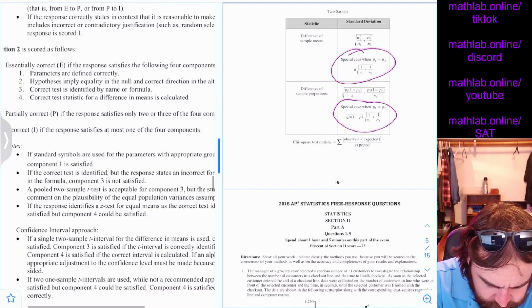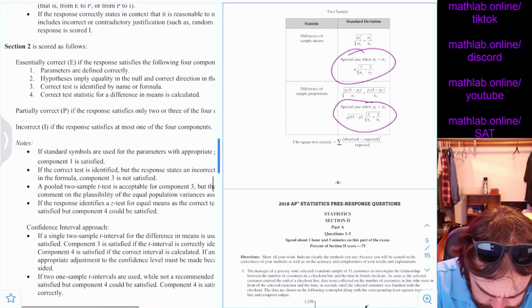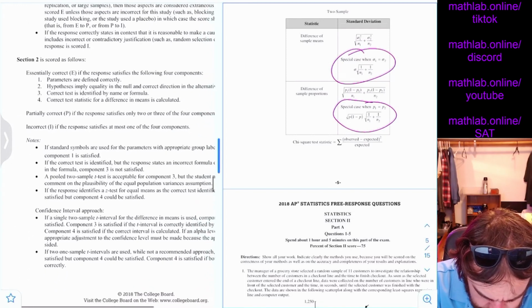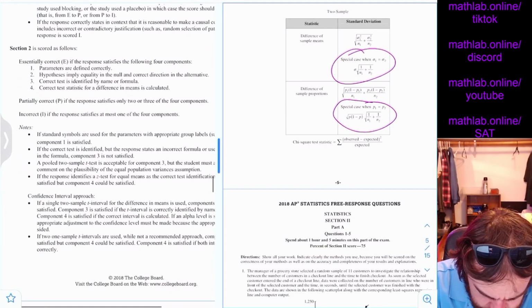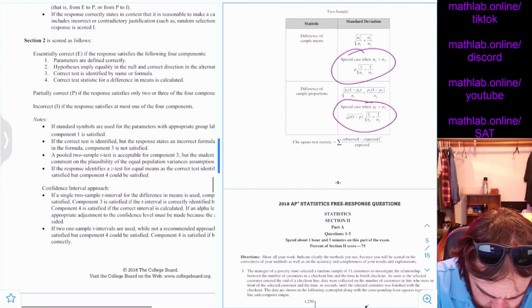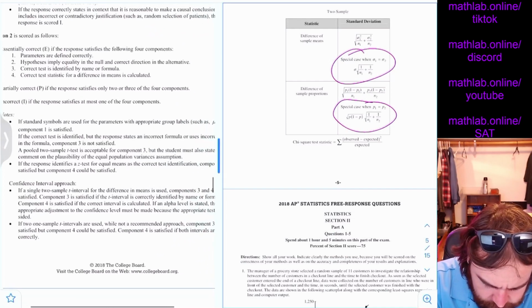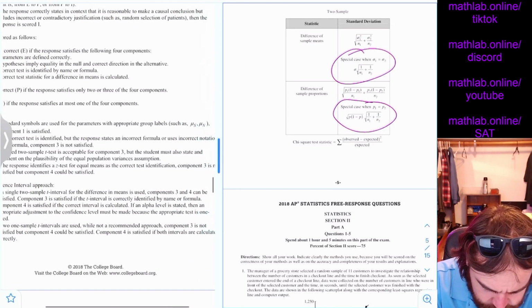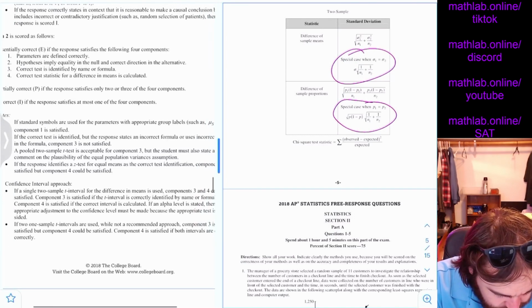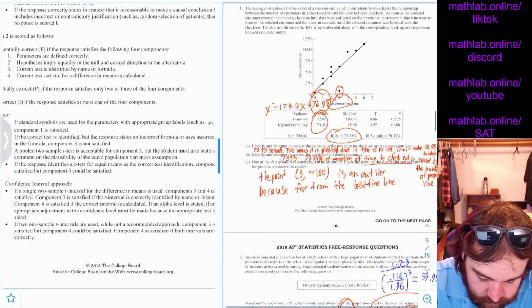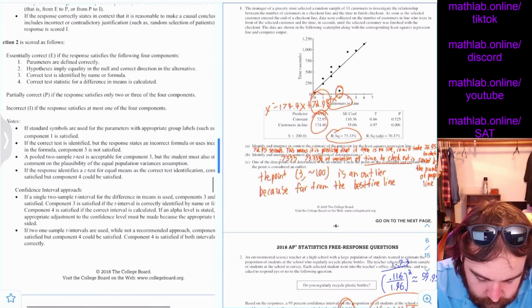Correct test statistic for a difference of means is calculated. If standard symbols are used with the appropriate labels, component 1 is satisfied. Okay, wow, I didn't even actually need to do that. If the correct test statistic is identified, but the response states an incorrect formula or uses incorrect notation, component 3 is not satisfied. Yeah, so I did not satisfy component 3.